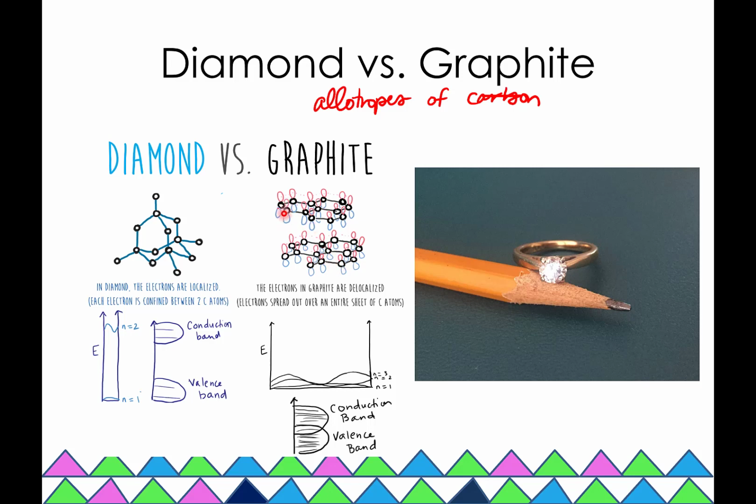And there is a p orbital on each one of these carbons that is not involved in hybridization that can form these huge delocalized pi molecular orbitals. So the electrons in graphite are delocalized because the electrons can spread out over the entire sheet of carbon. So this is going to allow overlap between the conduction and valence band. So graphite is a conductor, diamond is an insulator.